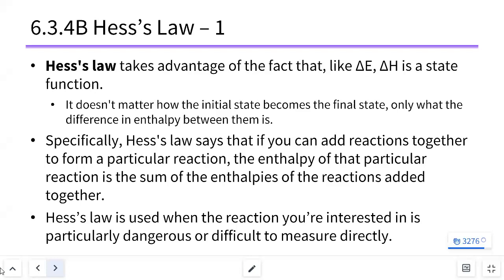So what we're going to leverage with Hess's Law is that when we have situations where a delta H might be difficult to measure directly, either because it's dangerous or because it involves reagents that are really hard to react together in their phases, we can take advantage of this state functionality and build together a mechanism of sorts, a series of chemical reactions that when I add them together, give me the reaction that I'm interested in.